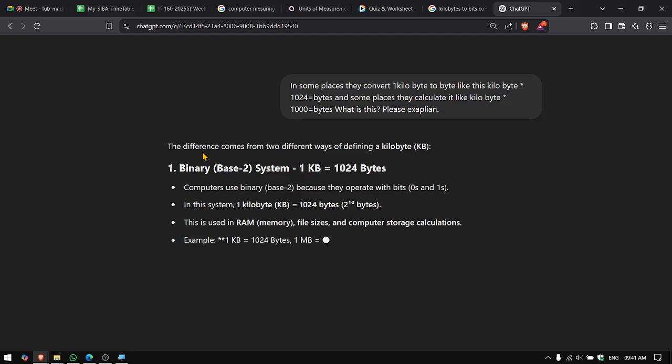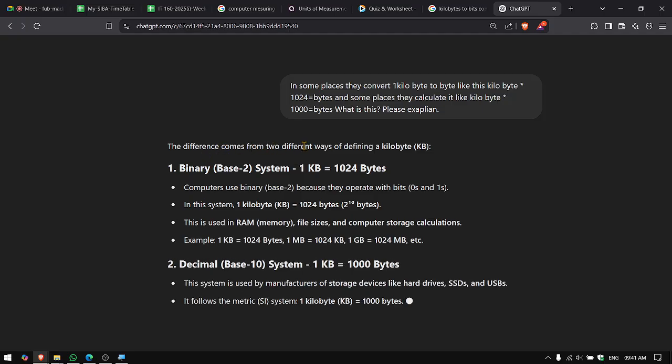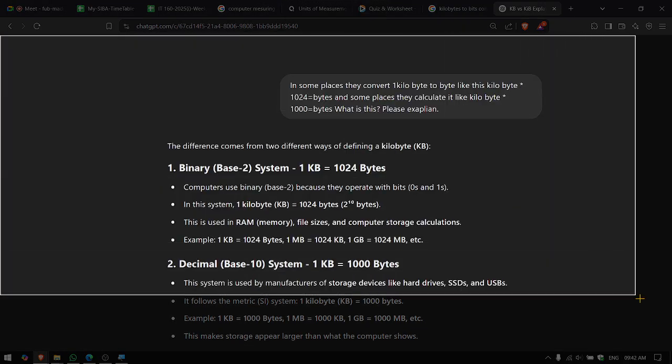Okay, the difference comes from two different ways of defining a kilobyte. Here, the binary base 2 system. In this methodology, 1 kilobyte is considered as 1024 bytes. So where does this 1024 come from? It comes from the binary system.